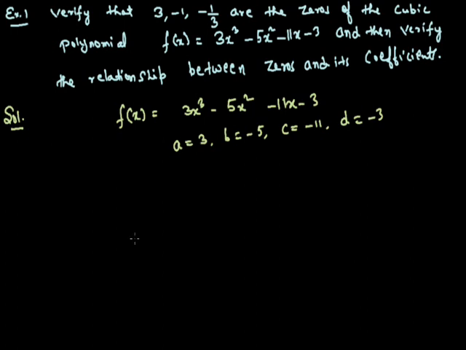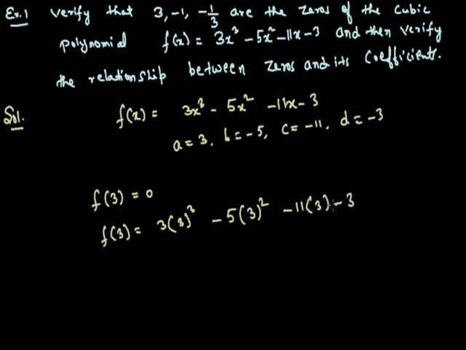Now we have to verify that 3 is a zero of this cubic polynomial. If 3 is a zero, then f(3) will be equal to 0. So f(3) is equal to 3 cube minus 5 times 3 square minus 11 multiplied by 3 minus 3.